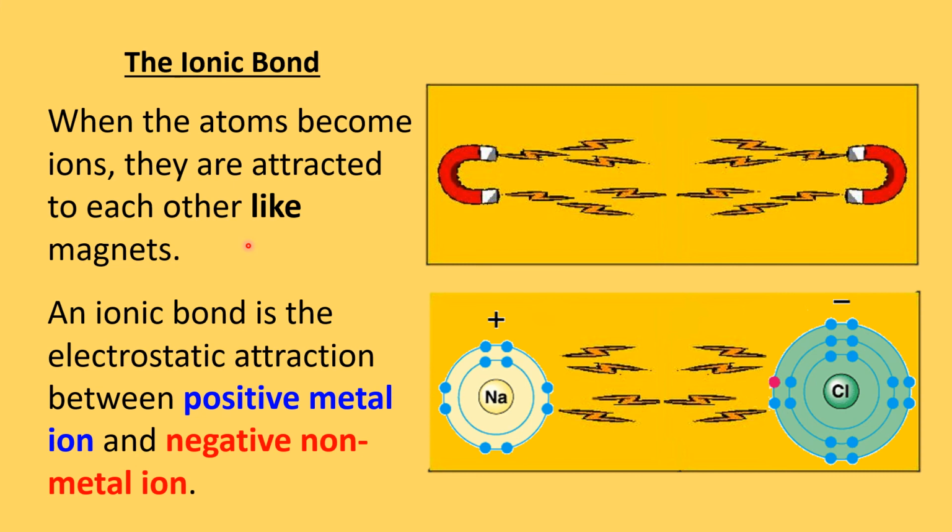A magnetic attraction very much resembles an ionic attraction, but just to be clear, if you're writing an answer, we're not going to be talking about magnets, but we can use the idea of magnets as a way to kind of visualize what's happening. Think about if you've ever used one of the magnets that we have in the science department, where one half of the magnet is blue, the other half of the magnet is red. If you were to then take a different magnet, the blue on one will attract the red on the other, which gives us this idea of opposites attracting.